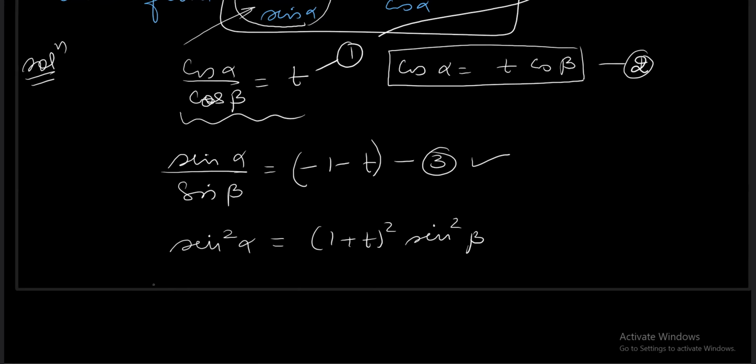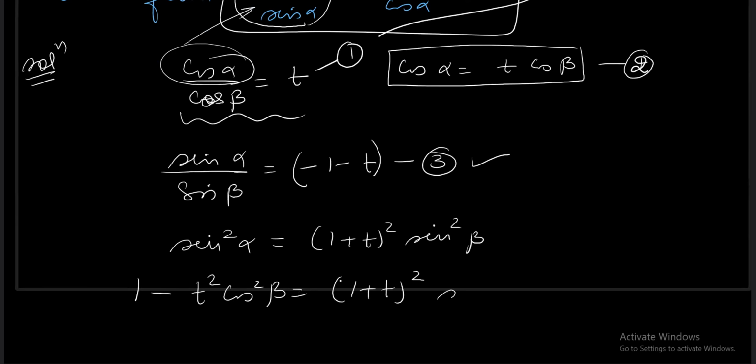The sin square alpha can be written as 1 minus cos square alpha, right? But that 1 minus cos square alpha can be written as 1 minus t square cos square beta. Right hand side is (1 plus t) whole square into sin square beta.